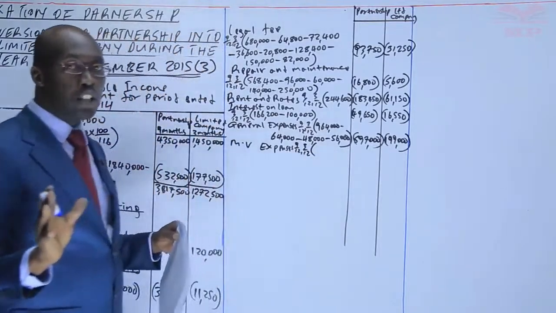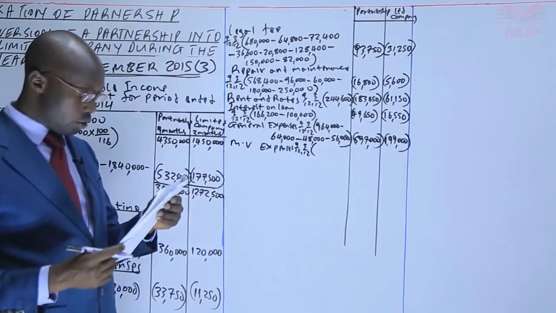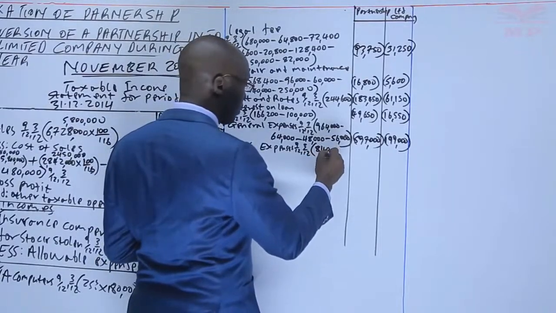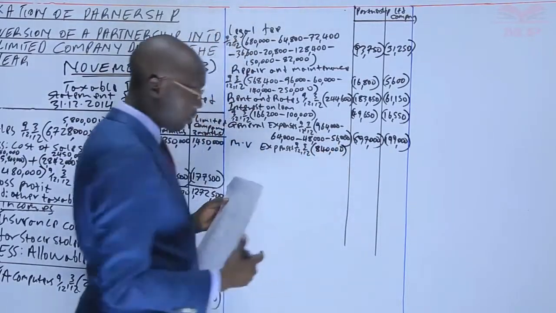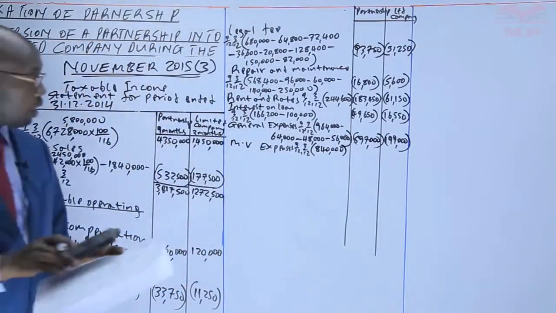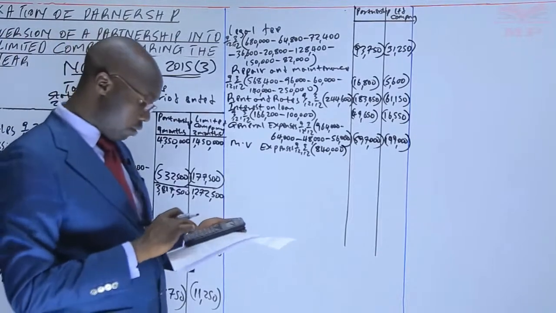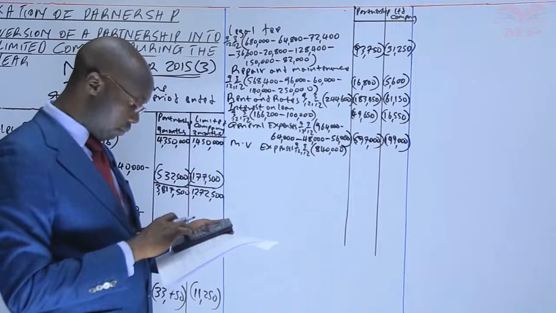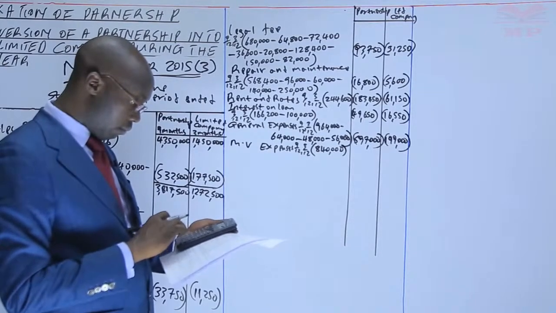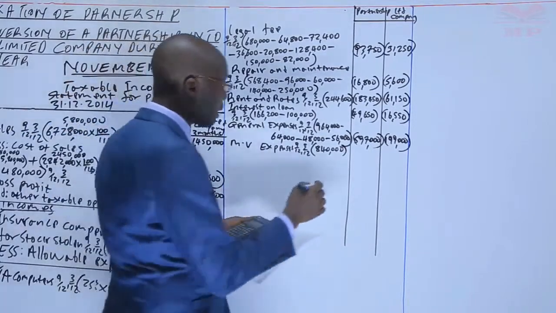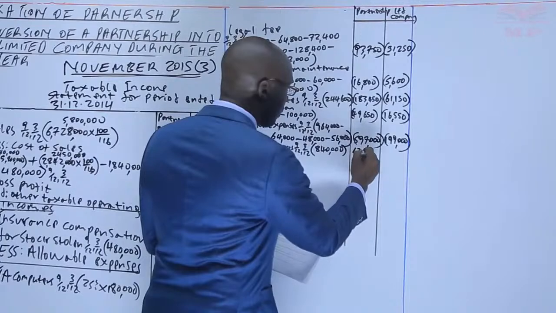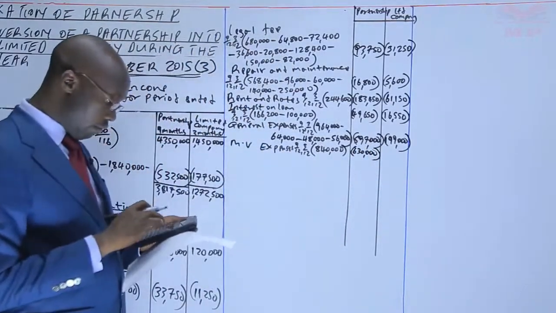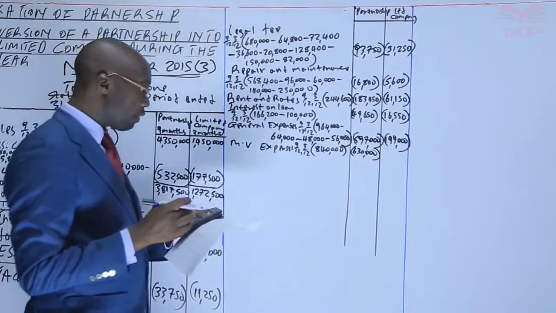This one does not have additional information about it, so it's all about using it the way it is, 840. So we will have 9 over 12 times 840. That gives us 630. We also take the 3 over 12. That gives us 210.